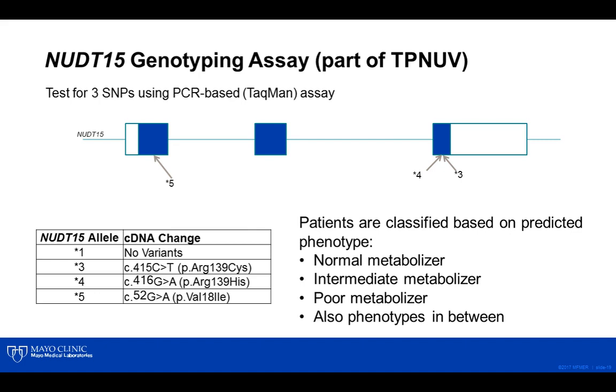When the TP-NUV test is performed, both TPMT and NUDT15 are genotyped. A genotype and a phenotype for each gene is reported, and an interpretive comment ties the results together, providing a recommendation.